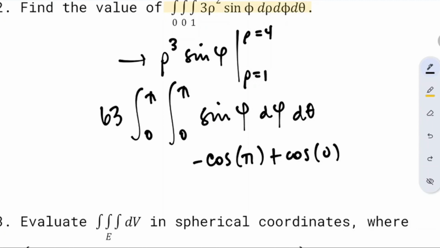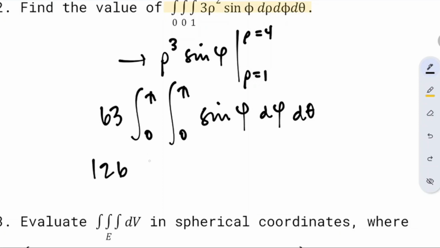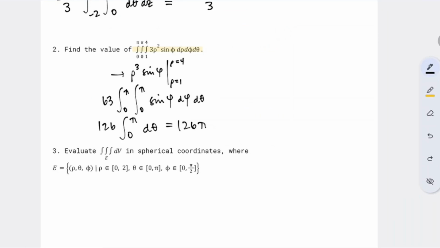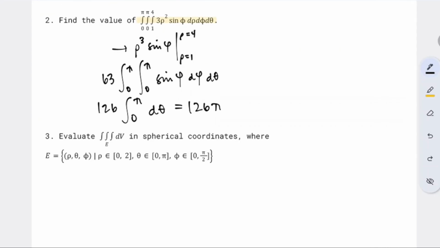Negative cosine of pi would be positive 1 plus another positive 1. That'll be positive 2. All right, so I've got a 2. Multiply that by 63 and get 126 times the integral from 0 to pi of d theta. That'll give me 126 pi. All right, see, not too bad, especially if we keep our cool and don't get psyched out over the fact that it's spherical coordinates.